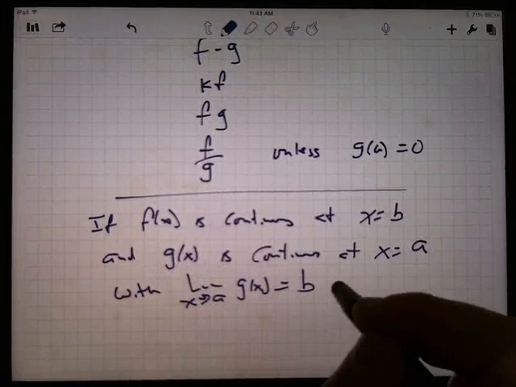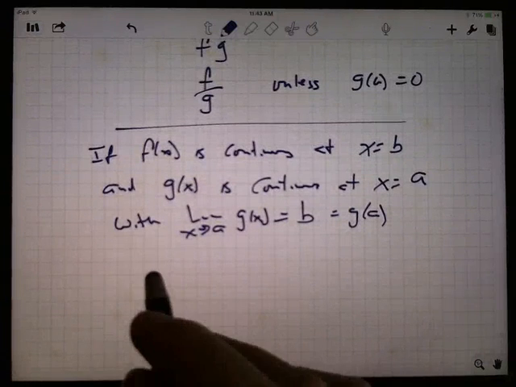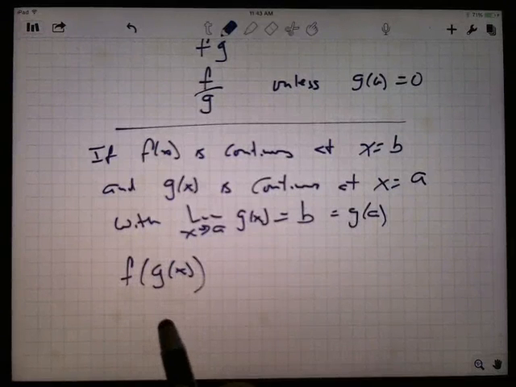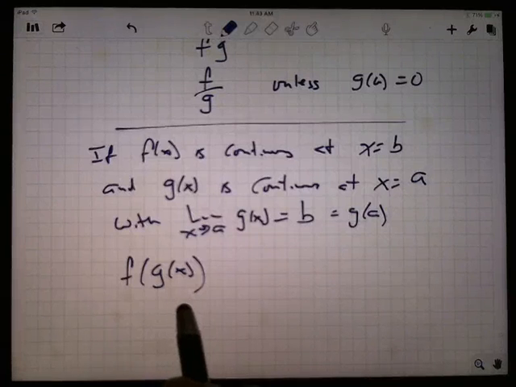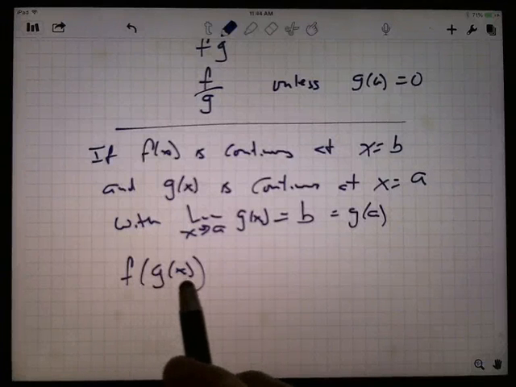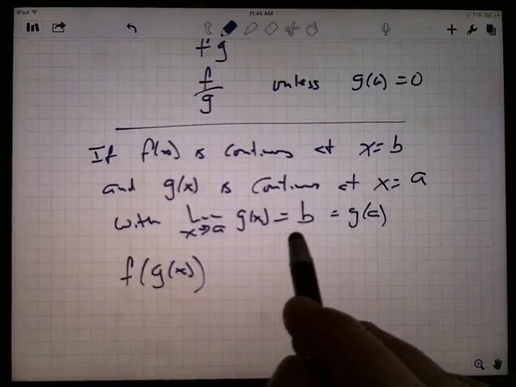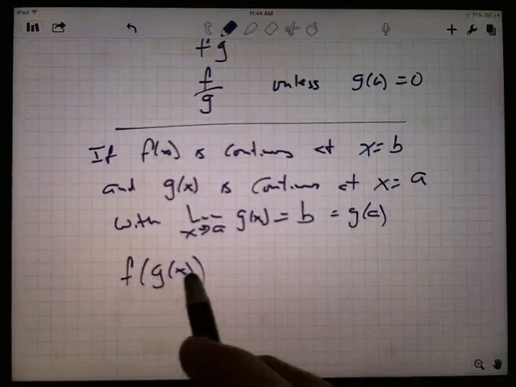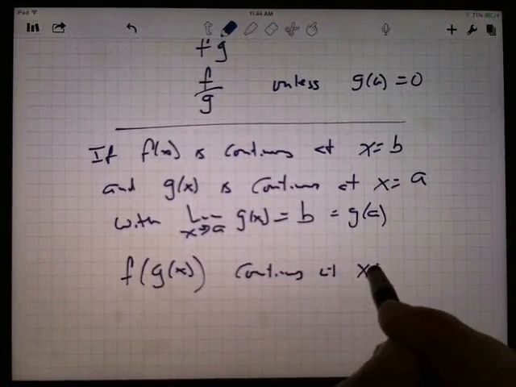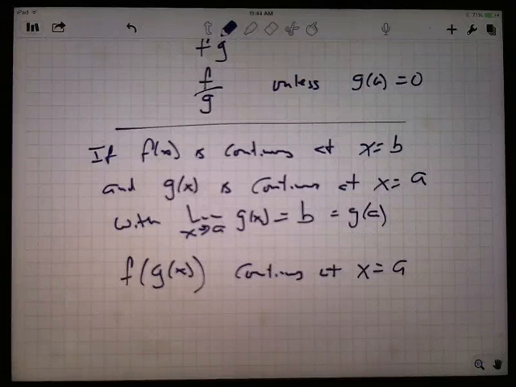Of course, because it's continuous, that's also g of a, right? The thing I want to look at is the composition, f of g of x. Is that a continuous function? Well, if I let x go to a, then g of x is going to go to b, and so then I'm going to be looking at f of b. If f is continuous at b and g is continuous at a, then f of g of x is indeed continuous at x equals a, okay? So the composition of continuous functions is continuous.